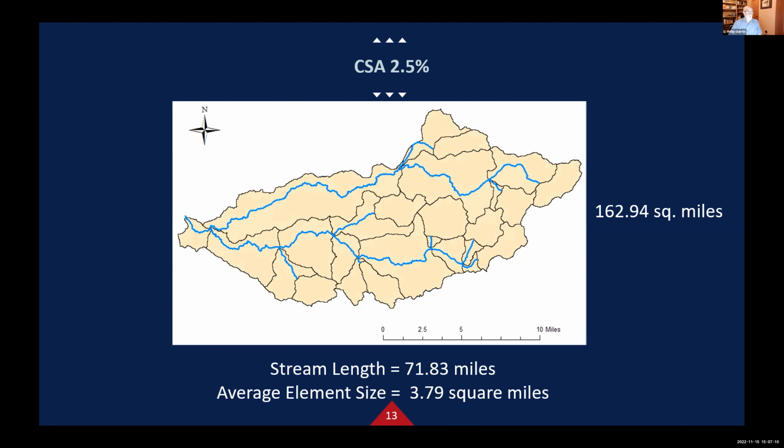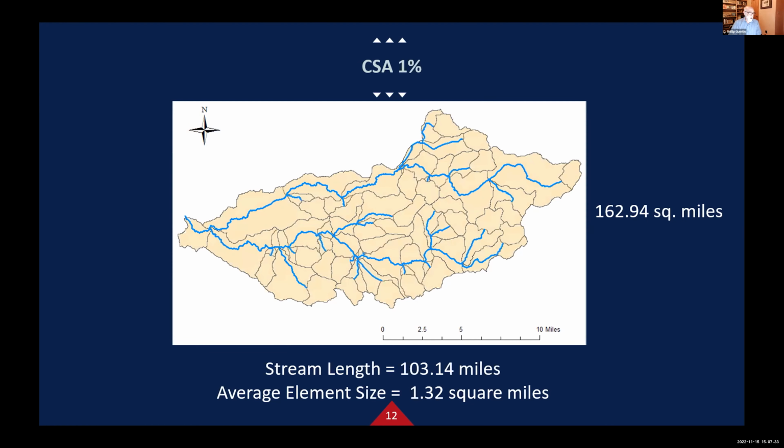Compared to when I used a CSA of 2.5%, my stream length was 71 miles and my average element size was 3.79 square miles. So it really does have a pretty significant impact on how you describe a watershed.